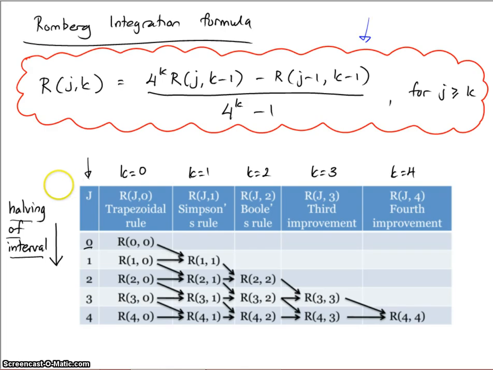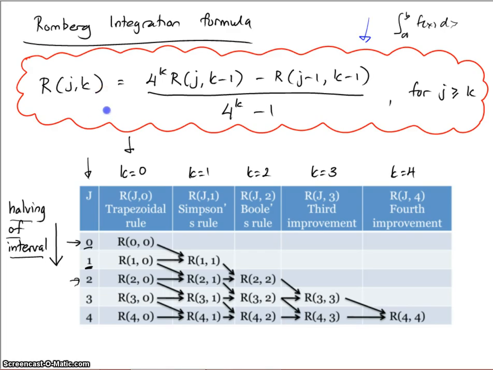If you think of J equals 0 as representing one single segment when we carry out our integral from a to b, then when we move on to J equals 1, we are doubling the number of segments. We're using 2 segments. When we move to J equals 2, we are using 4 segments. J equals 3, we use 8 segments, and so on. Every time we move down or we increase J, we double the number of segments.